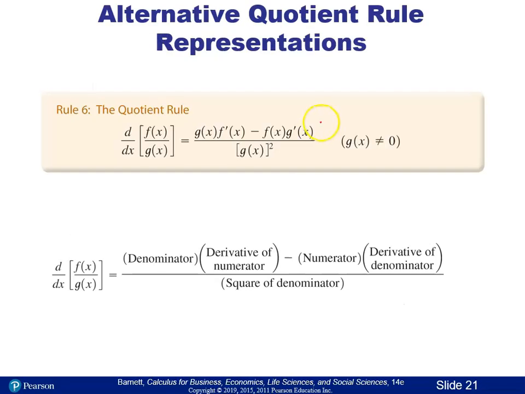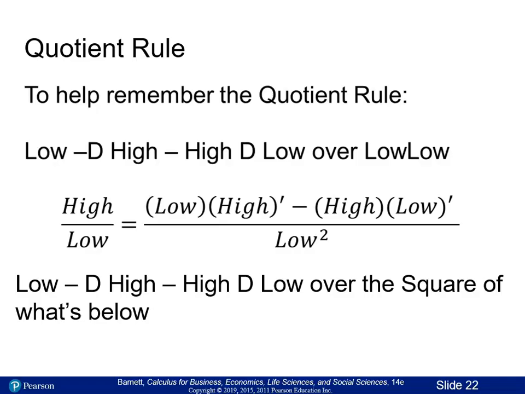Okay, if you want to think of it in terms of F and G, this is another representation that you could use. This is kind of it written out in words. If that helps you, then that's a representation for you. Here's a couple of almost sing-alongs. With the quotient rule, you've got low, D, high. D meaning derivative.